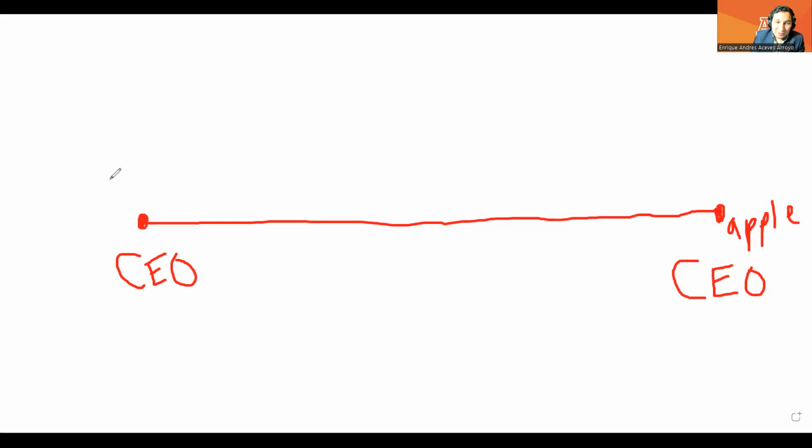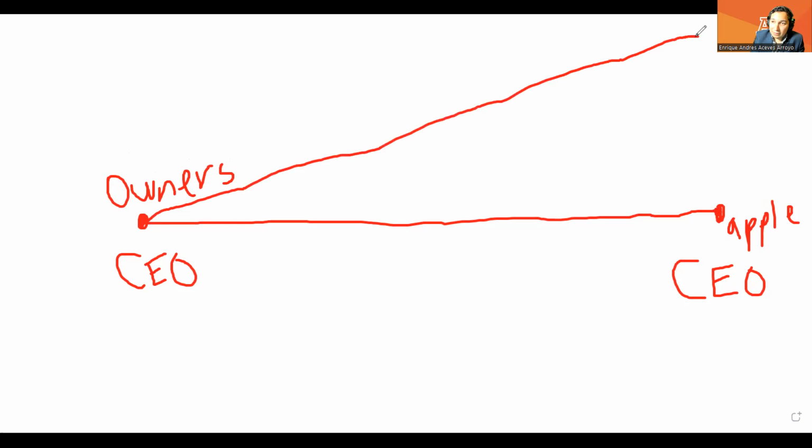Okay, so this is the most typical structure. Every company started this way, by the owners running the company. General Electric started that way. Anahuac started that way.